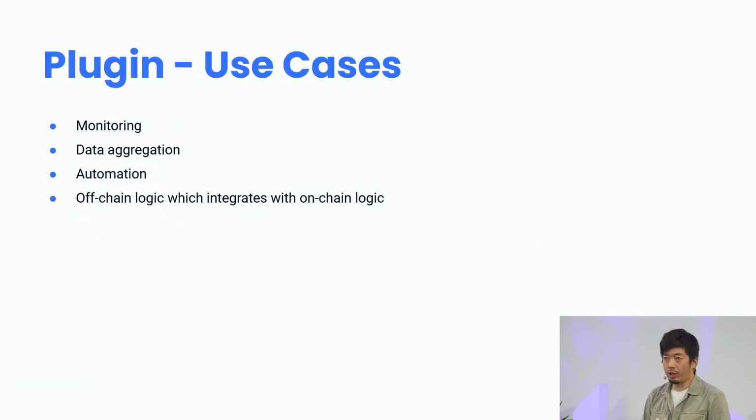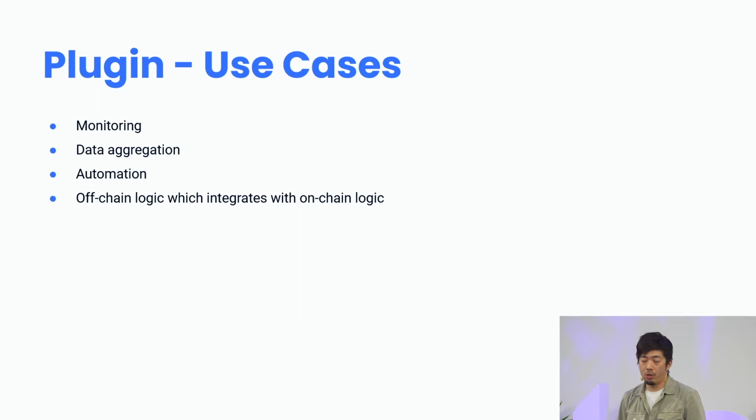So what can we build using plugins? As I mentioned earlier, we have default module monitoring, but also we can observe the network or blockchain and aggregate the data and expose calculated data to the external system to be more usable.